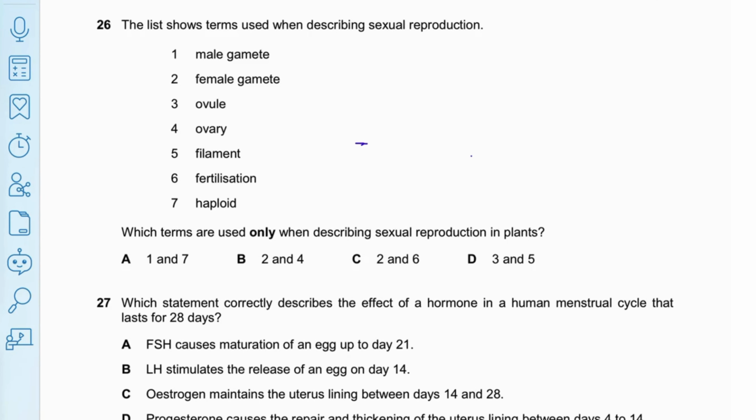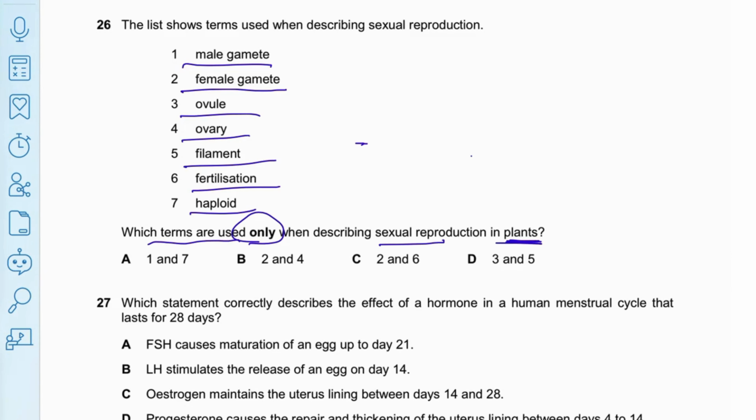26. The list show terms used when describing sexual reproduction: male gamete, female gamete, sperm, egg, ovule, ovary, filament, fertilization, haploid. Which terms are used only when describing sexual reproduction in plant? The keyword here is plant. What do you think? Which one we use it for plant only?